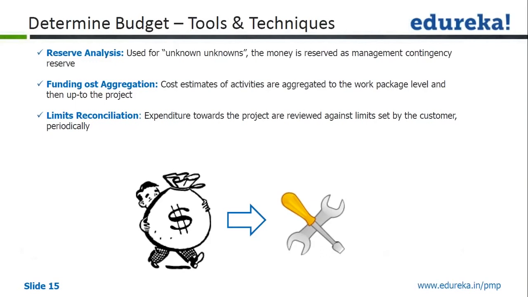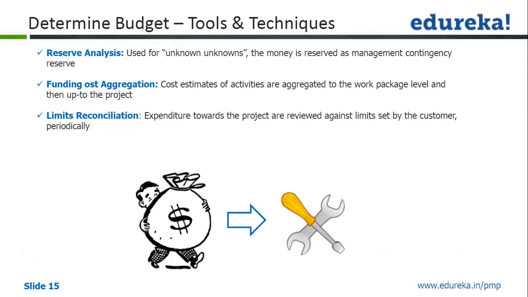Then funding and cost aggregation: the cost estimates of activities are aggregated to work package level and then up to the project. This is simple, straightforward; you're just rolling up all the cost from activity level to control account level to arrive at your total project cost.